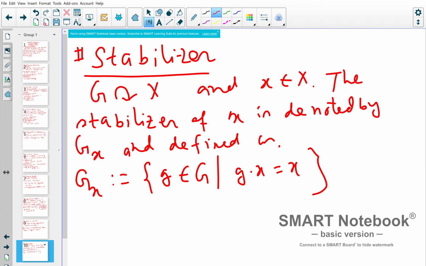You collect all those g's which fix x, and obviously this is non-empty, as identity always belongs to the stabilizer of any element. Identity always fixes.